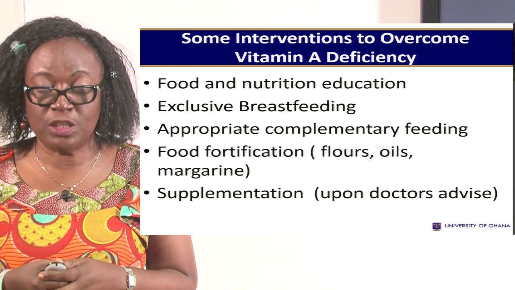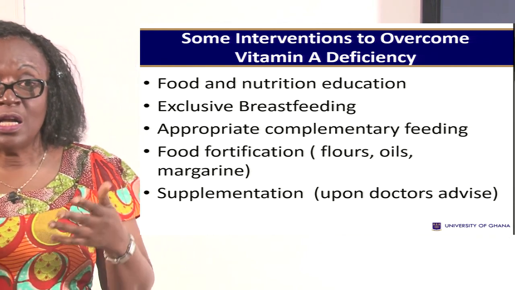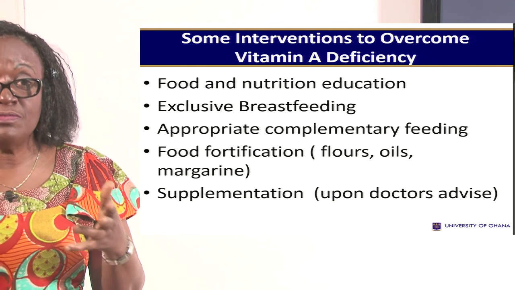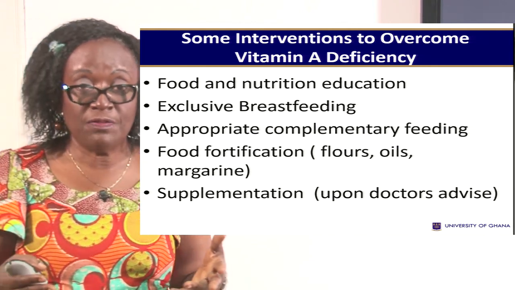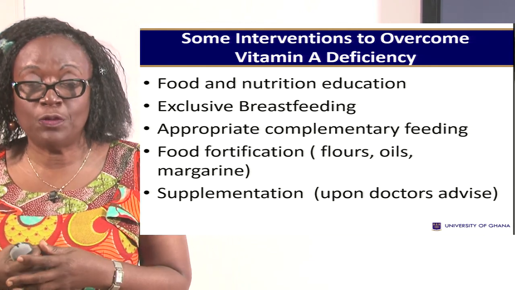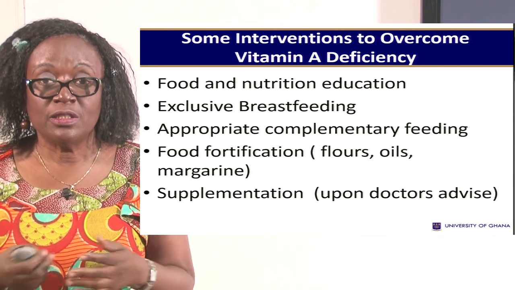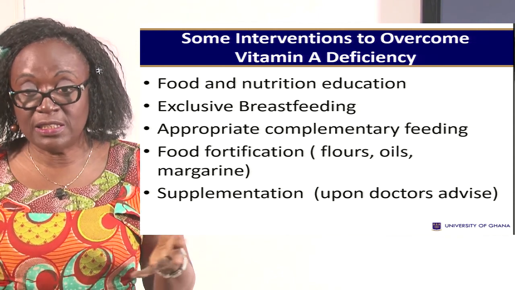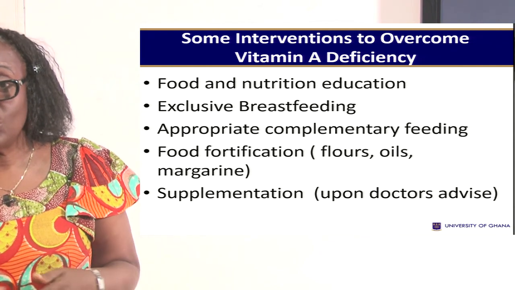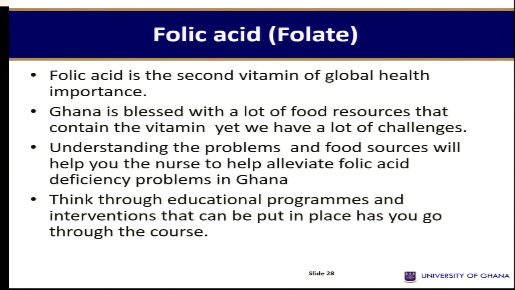Then food fortification. In Ghana now, we have our oils and some of our flours and margarines being fortified with the vitamins. So we need to look out for those foods, and then sometimes supplementation, that is medicinal, upon doctor's advice.